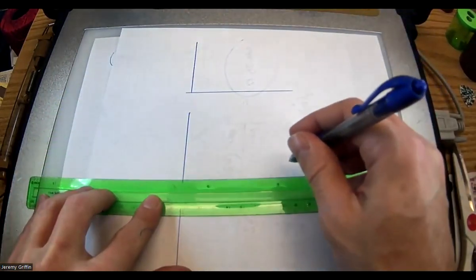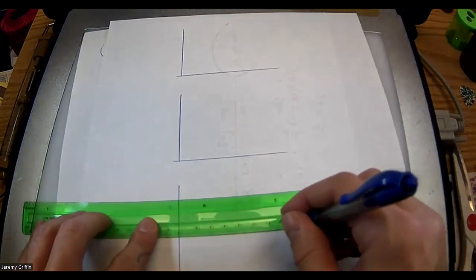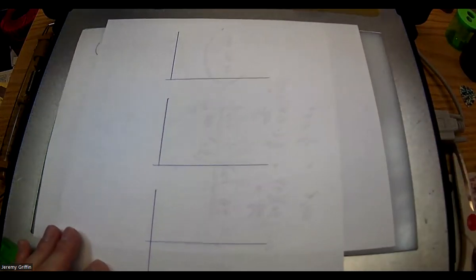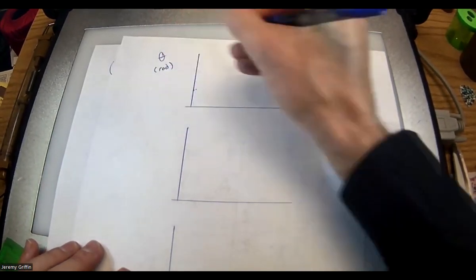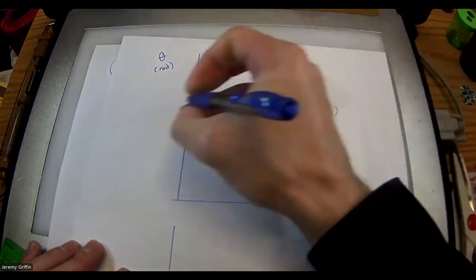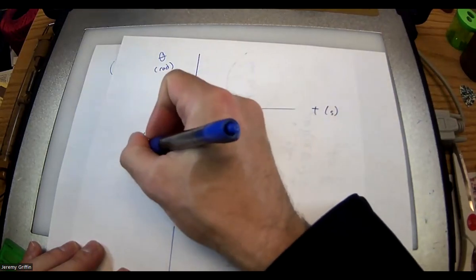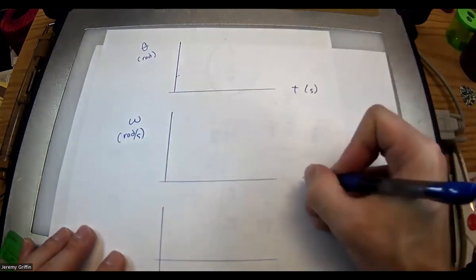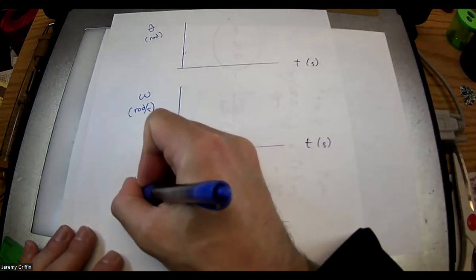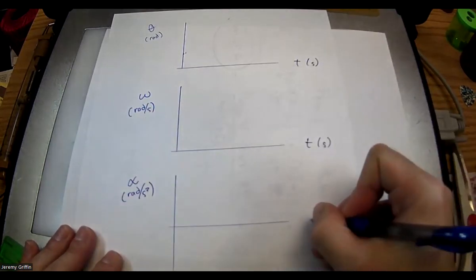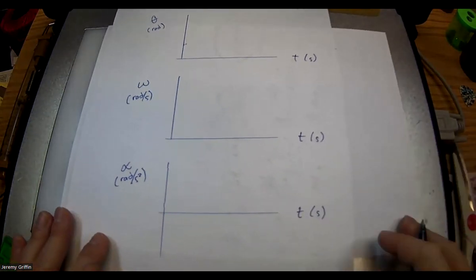Displacement versus time, velocity versus time, acceleration versus time, except these will all be angular values. So the angular displacement in radians versus time in seconds. Angular velocity, radians per second, time in seconds. Angular acceleration, radians per second squared, time in seconds.